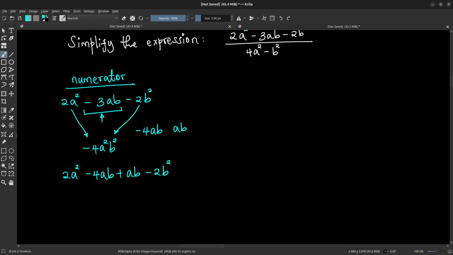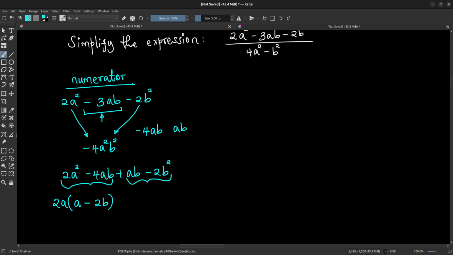At this point, let's take these terms in pairs. The first pair is this, and the second pair will be this. In the first pair, the common factor is 2a. So let's factor out 2a. 2a squared divided by 2a leaves us with a, minus 4ab divided by 2a leaves us with 2b.